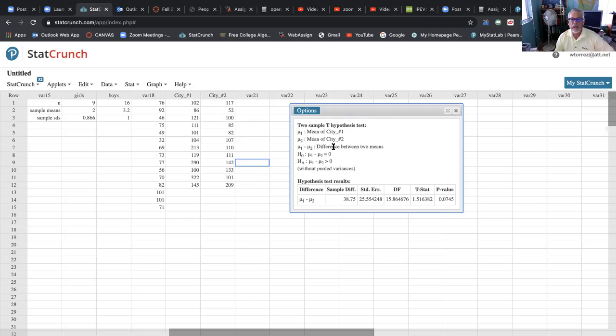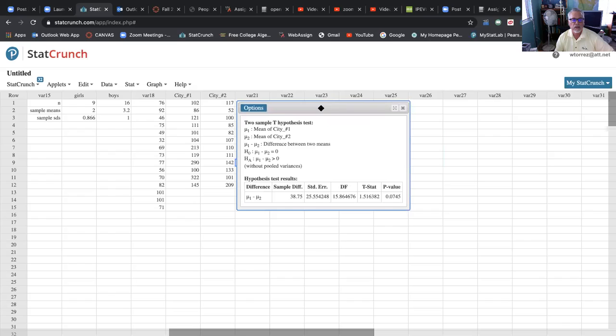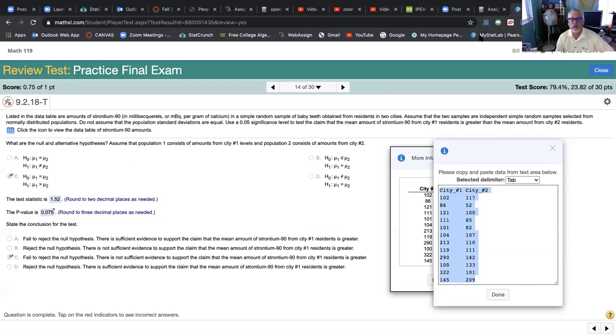And when you do all that and hit compute, here are your results. Your t-stat rounded to 2 decimal places is 1.52, and your p-value rounded to 3 decimal places is 0.075.